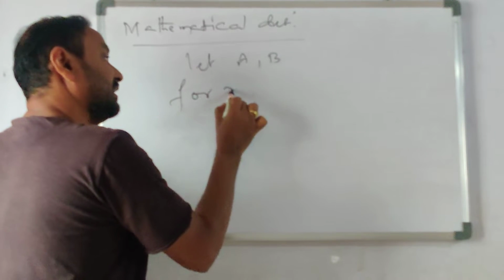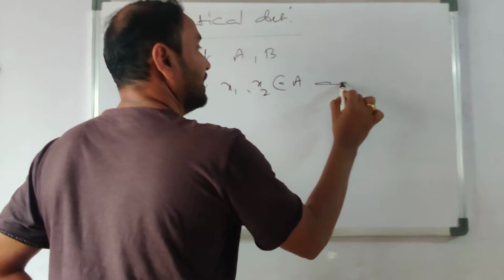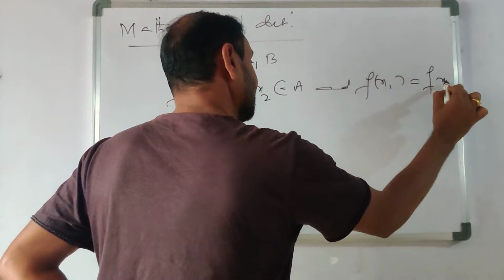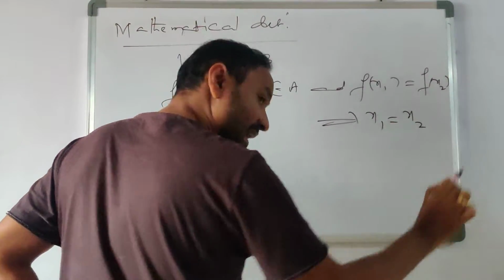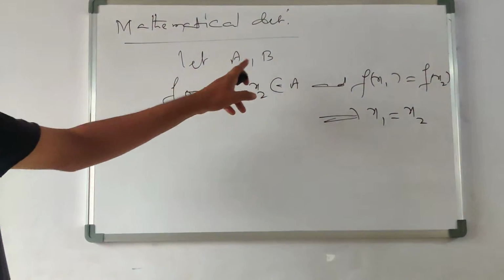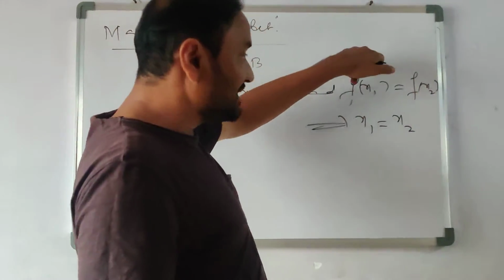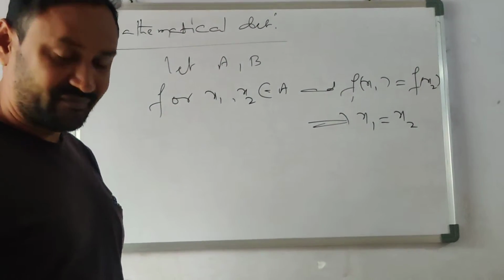For x1, x2 belonging to A, if f(x1) = f(x2), then x1 = x2. That means when you take two elements in A and the images are equal, the elements are also equal. This is the mathematical definition of a one-one function.